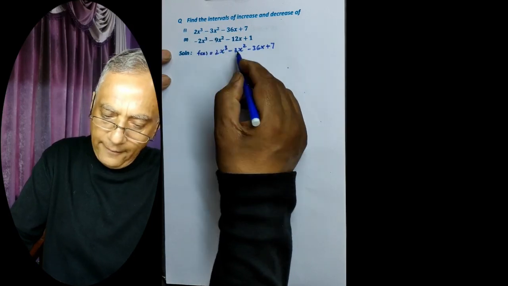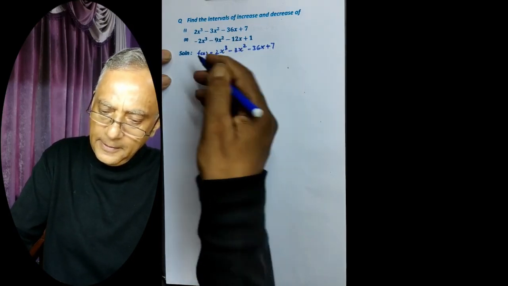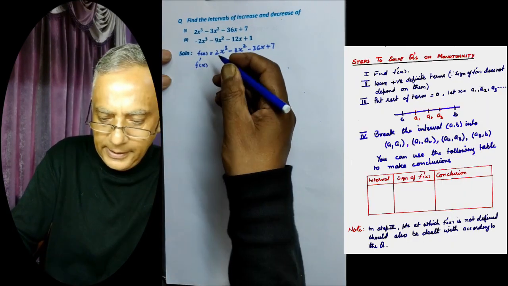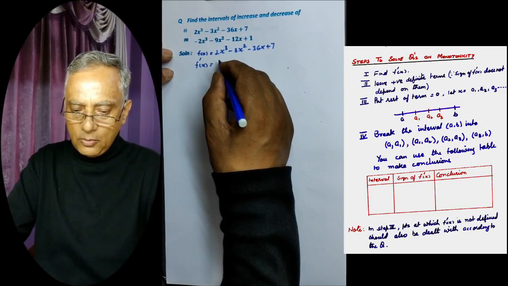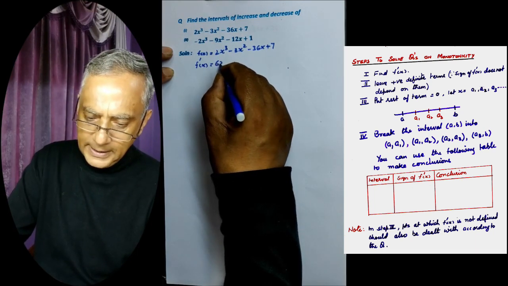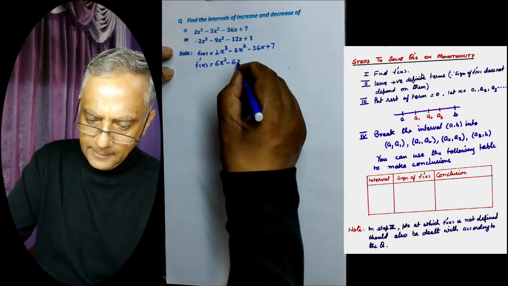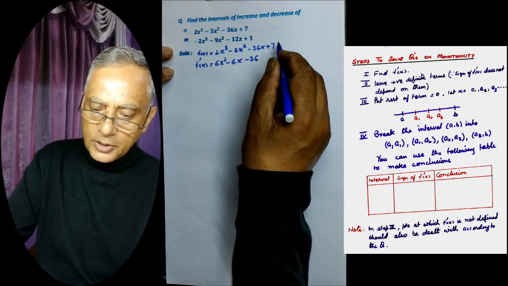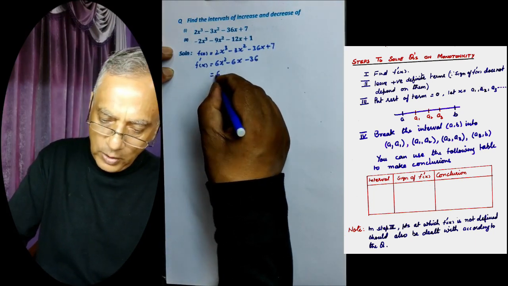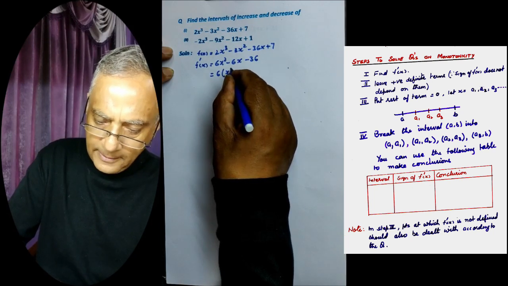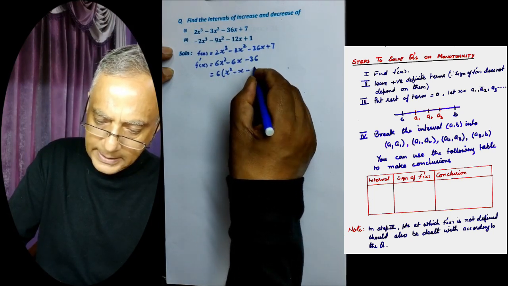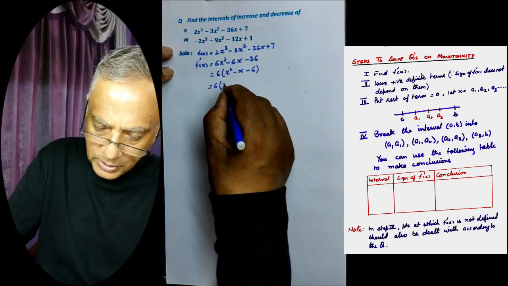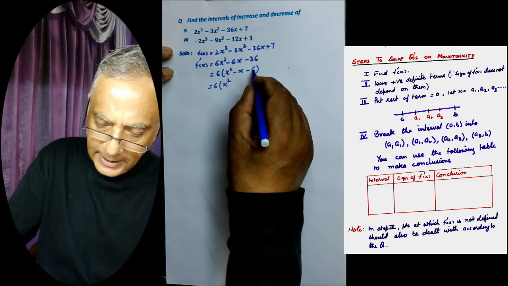Now we are given f x is equal to this much. And what we do is first we find the derivative. So this is equal to, differentiation of this is 6x square minus 6x minus 36. Differentiation of 7 is 0. So 6 is common. We get x square minus x minus 6. Factorize this.